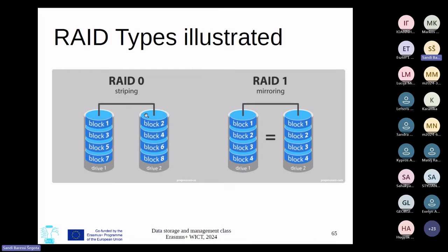But as I mentioned, I can speed up reading because I can read at the same time from both, and I can speed up writing because I can write to two drives. With mirroring, it's simple. All the data that's on here is also written on the second drive.